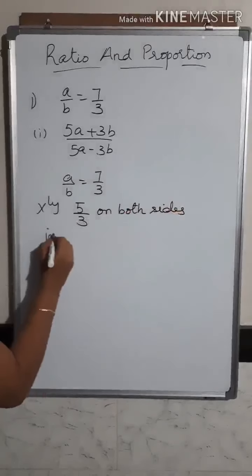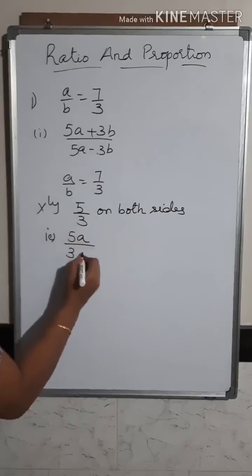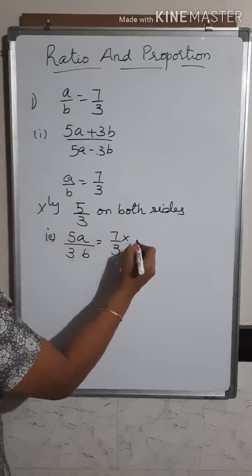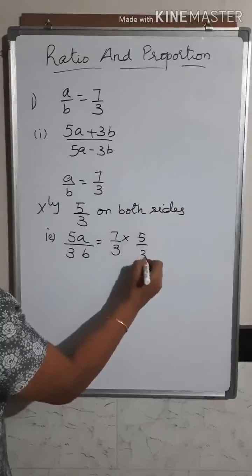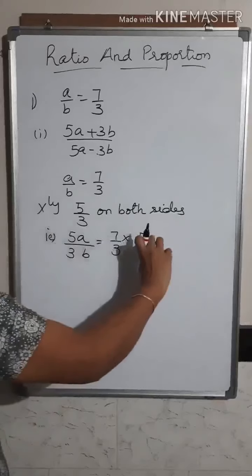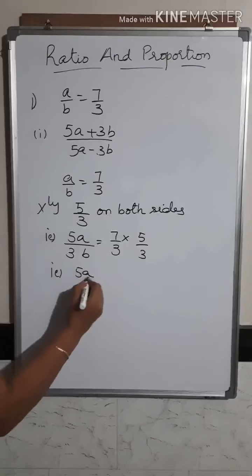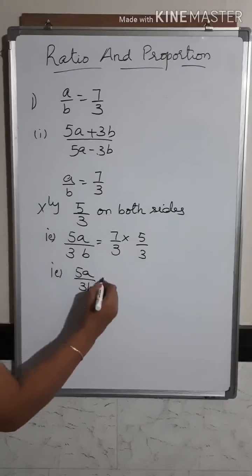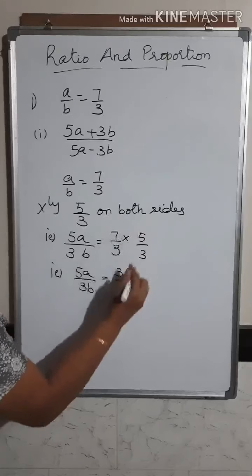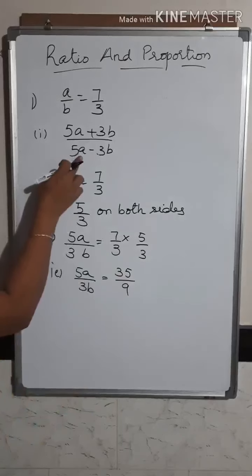You get 5A upon 3B is equal to 7 upon 3 into 5 upon 3. So 5A upon 3B is equal to 35 upon 9, since 7 fives are 35 and 3 threes are 9.